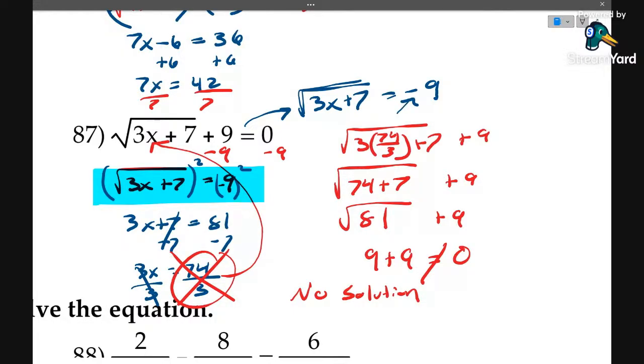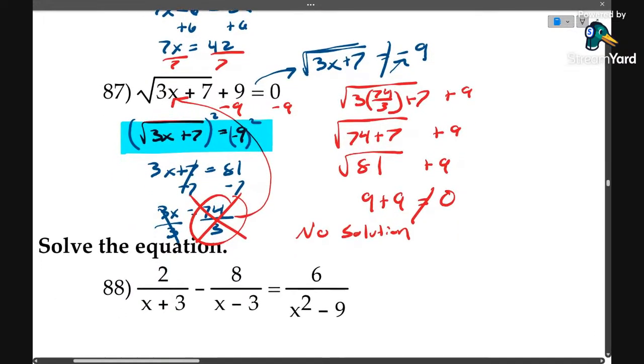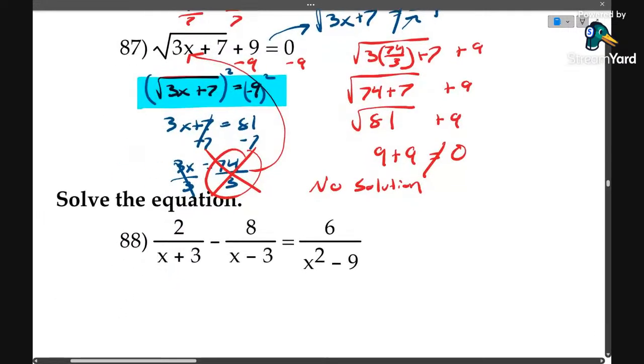So right here, we know there's no valid number that will work. If I have 81, I get positive 9. I'll never get negative 9. So we know right here that this is not going to work. We don't need to go through the whole process, but it goes to show why it's a good idea to check your solutions before you put in an answer.